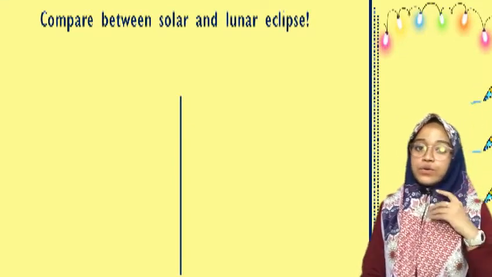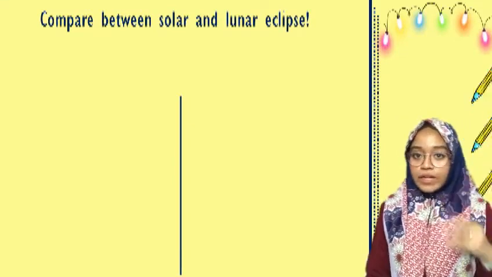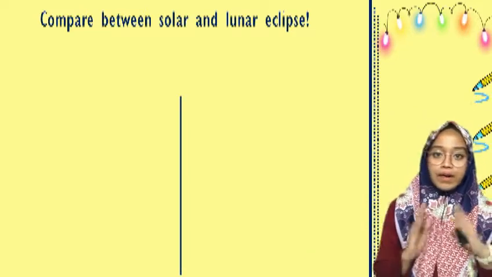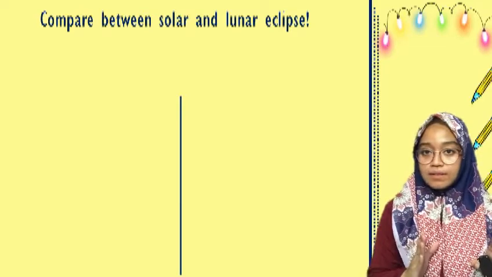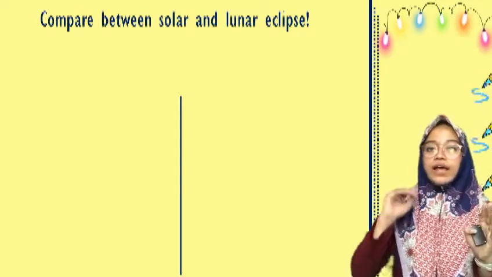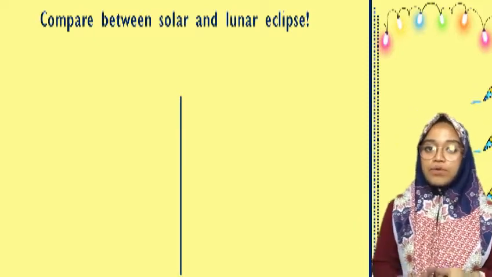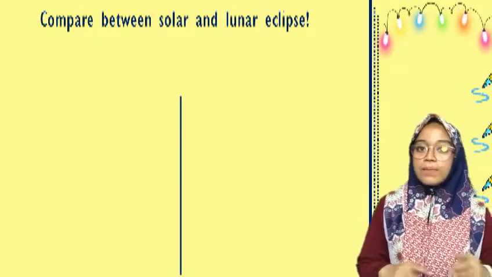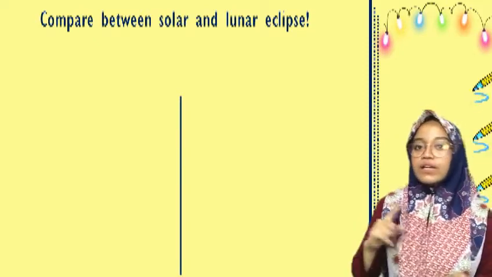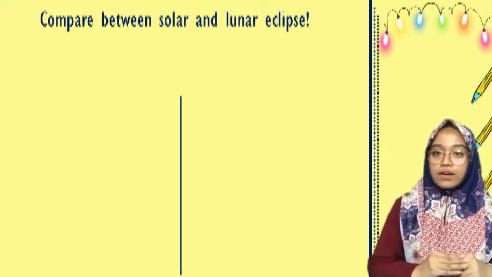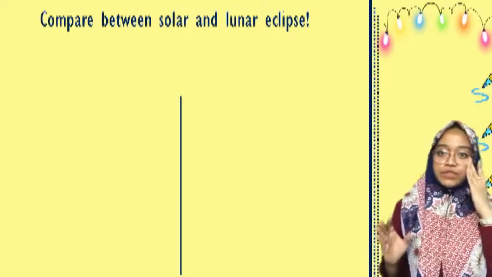Okay, when you get a question that asks you to compare, you can make a table between solar and lunar. And the next step, you have to draw the picture of the solar and lunar eclipse, and don't forget that the solar and lunar eclipse have different pictures.